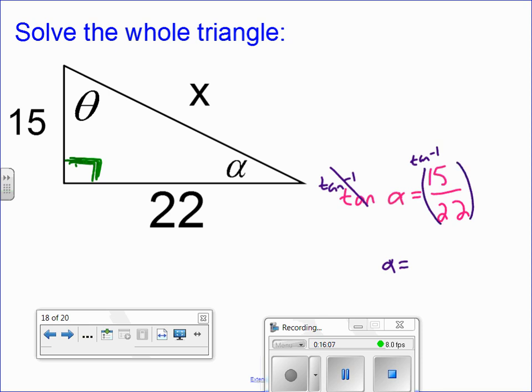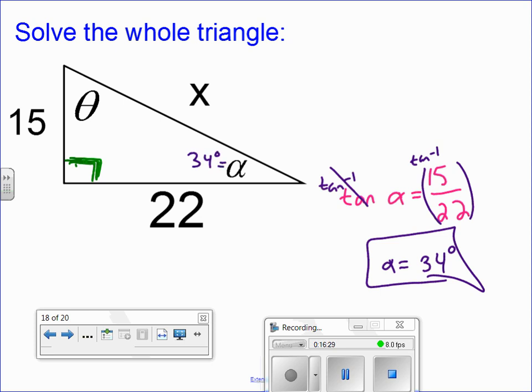So I would tan inverse my 15 over 22. 34.28. Let's just round it to 34 degrees. If you want to do decimals, you can do decimals. I'm just doing this for ease of calculations.